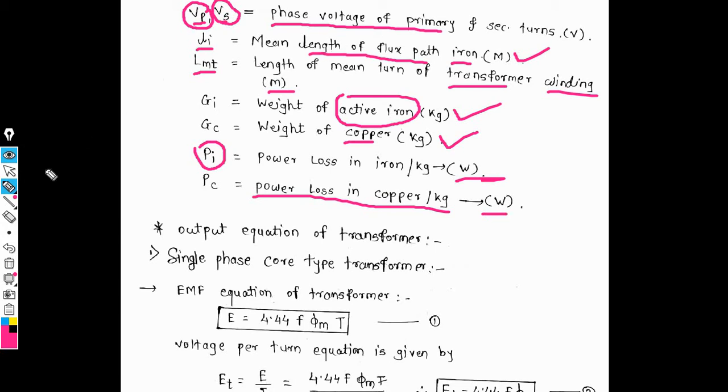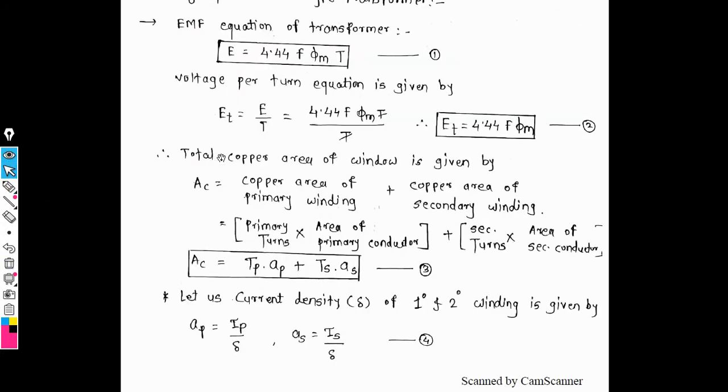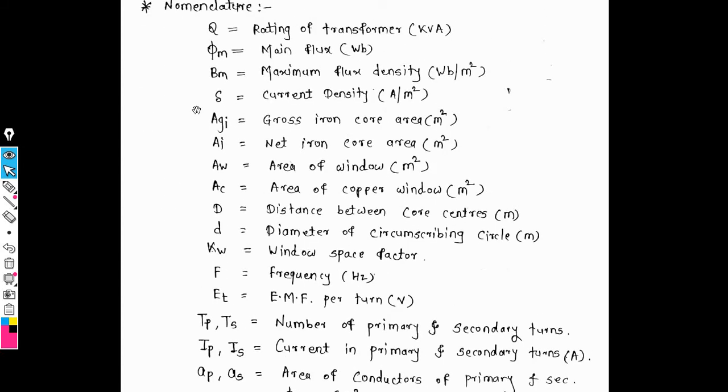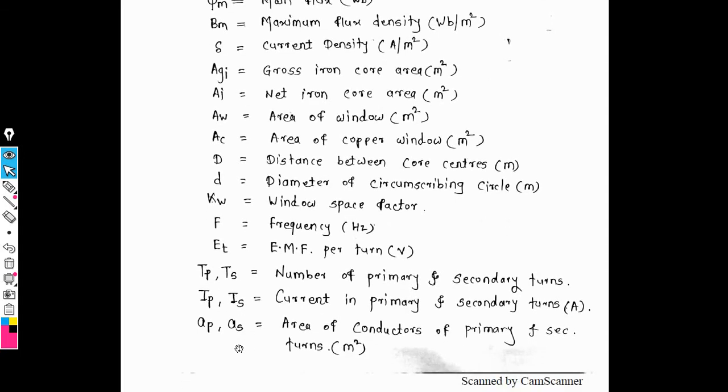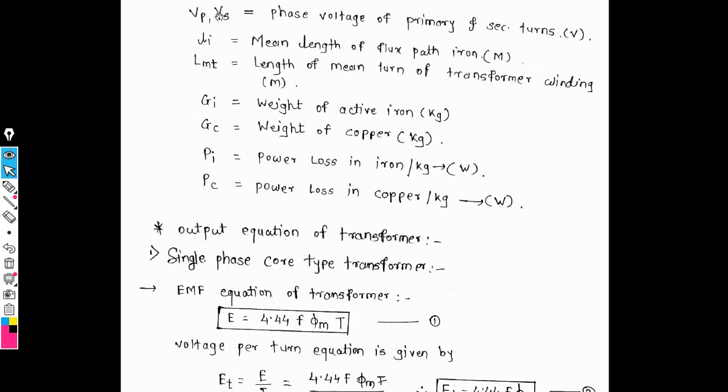This is the nomenclature used in transformer, and this is very important to design the output equation of the single phase transformer. That is Q, M, BM, sigma, AGI, AI, AW, AC, capital D, small d, KW, F, EMF per turn, turns of primary and secondary, current in primary and secondary, area of primary and secondary. Also primary side voltage and secondary side voltage are important.